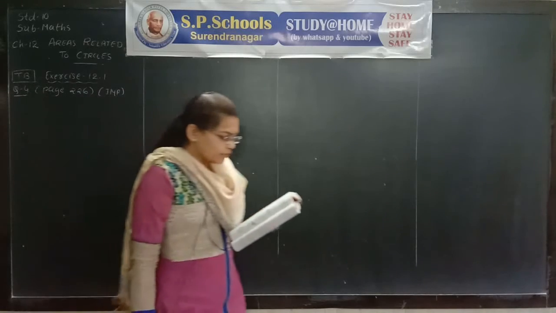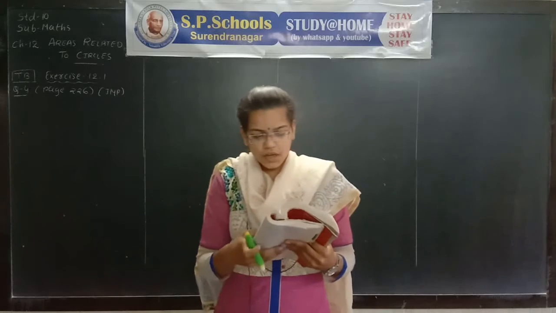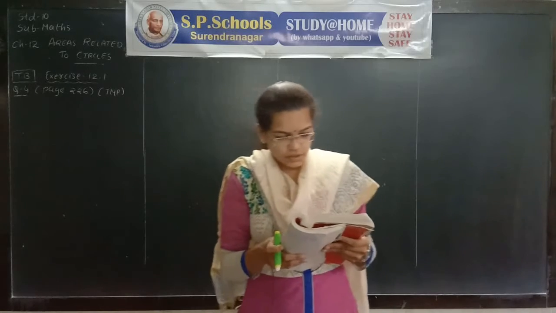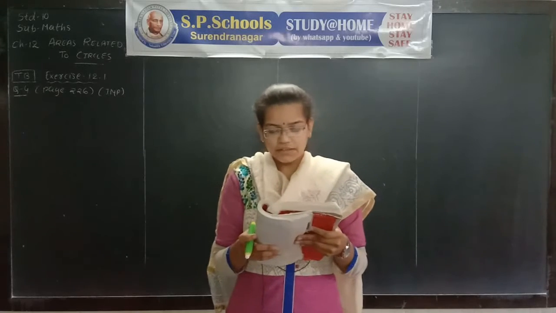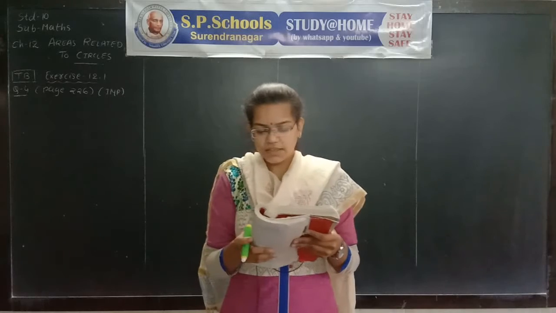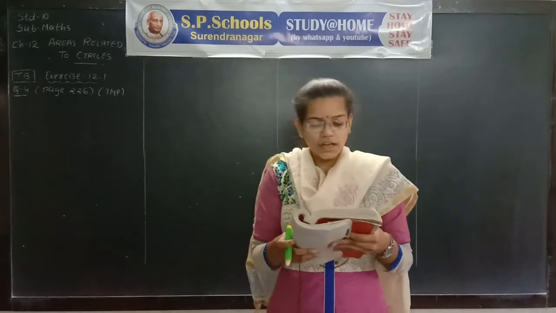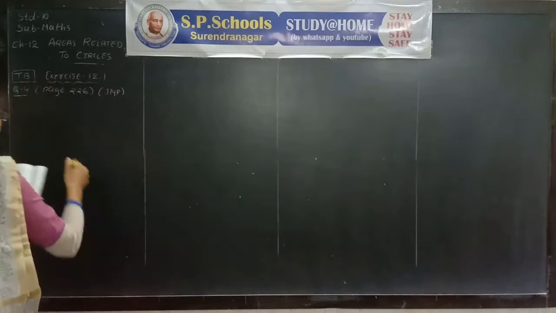The wheels of a car are of diameter 80 cm each. How many complete revolutions does each wheel make in 10 minutes when the car is traveling at a speed of 66 km per hour? Here the diameter of the wheel is given.